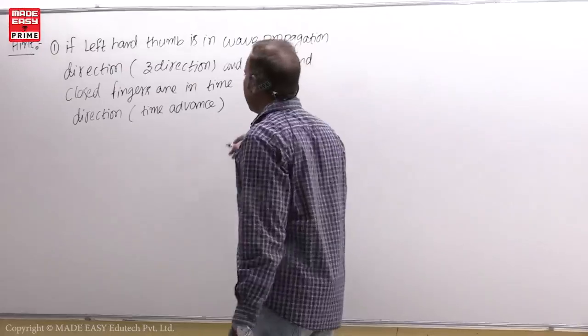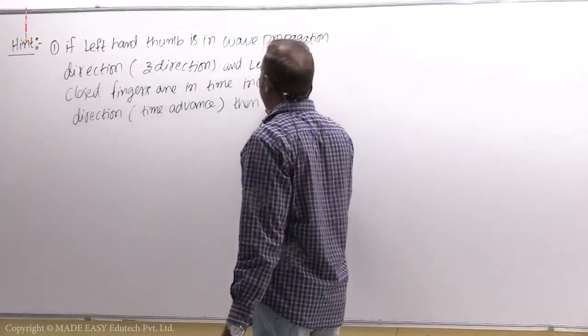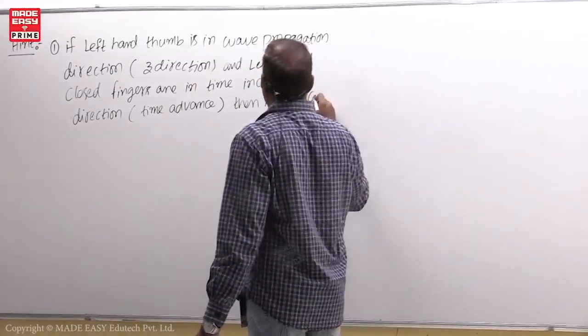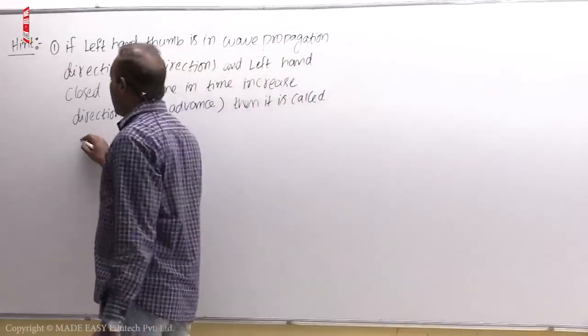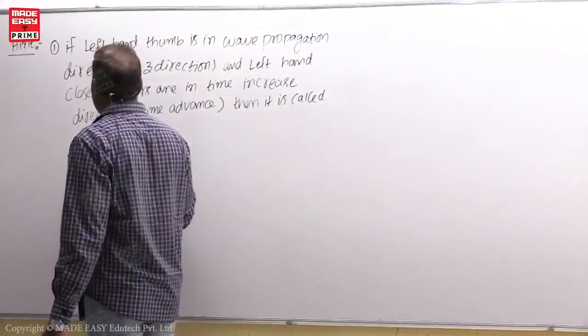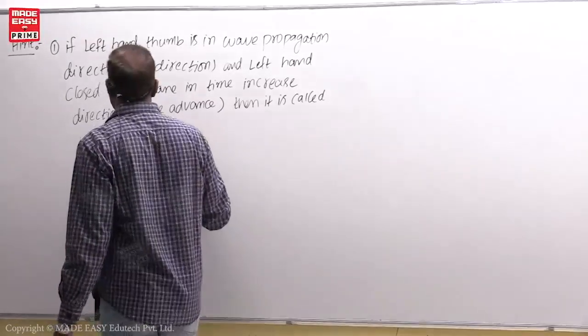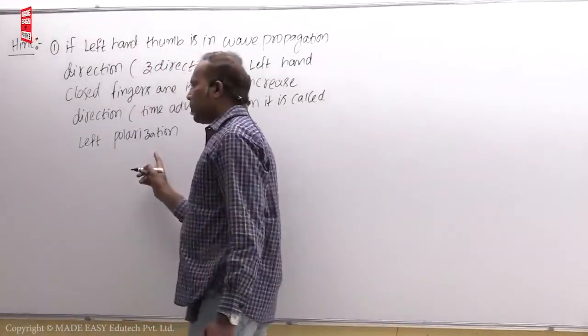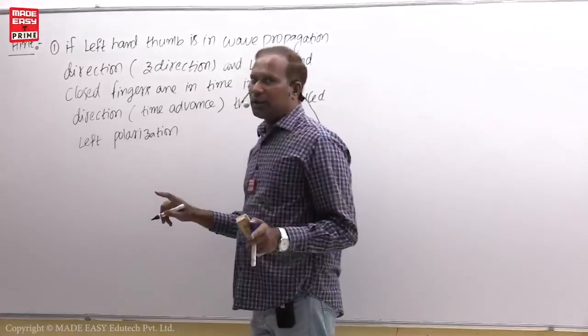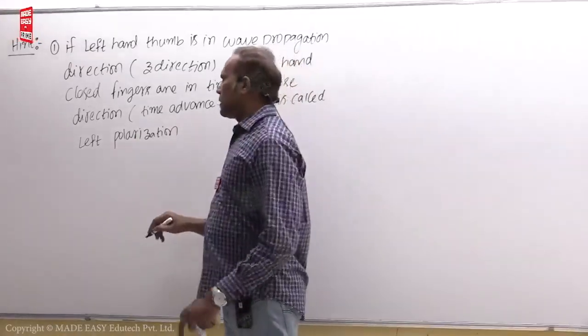Advance means increase. Then it is called left polarization. That means in case of circular polarization, it is called left circular polarization. If it is elliptical polarization, then it is called left elliptical polarization.